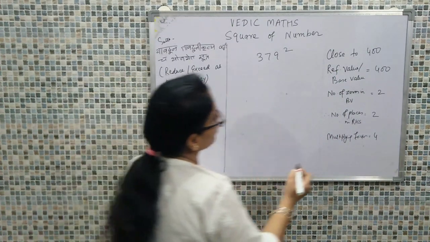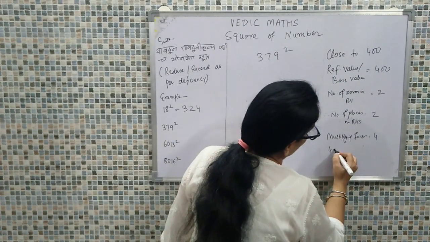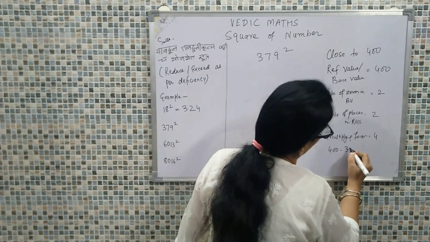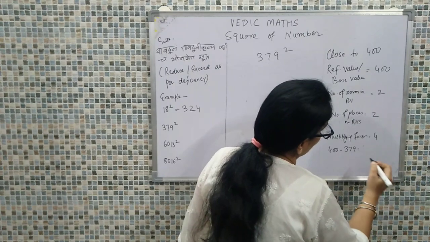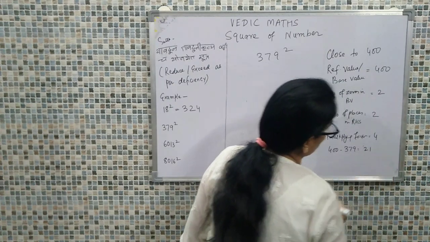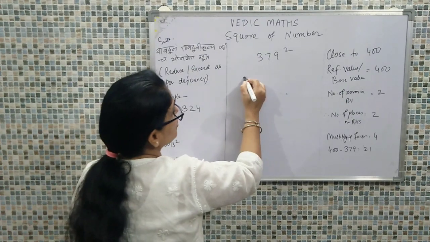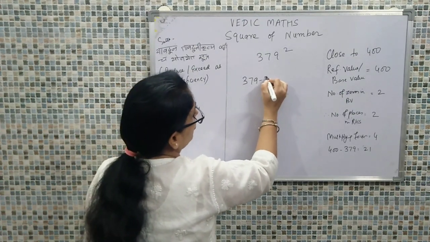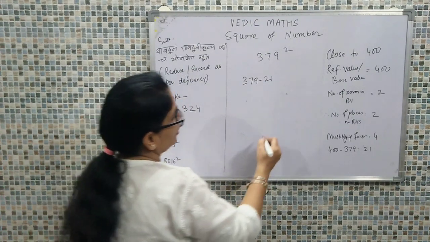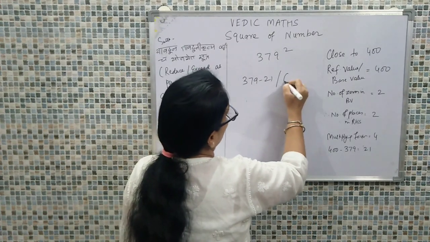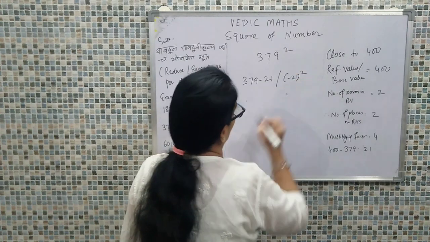Now we start with the calculation. Before proceeding, we identify how much deficient 400 is when we compare it with 379. Using the Nikhilam Sutra, the deficiency comes out to be 21. So we start with 379 minus 21. It is 21 deficient, so whatever the deficiency, we further lessen it, and again 21 square.